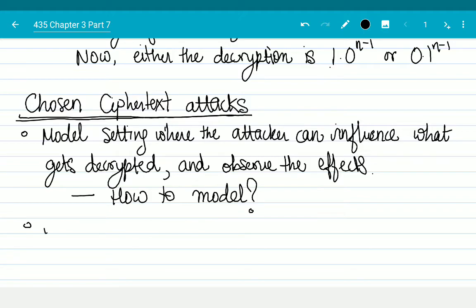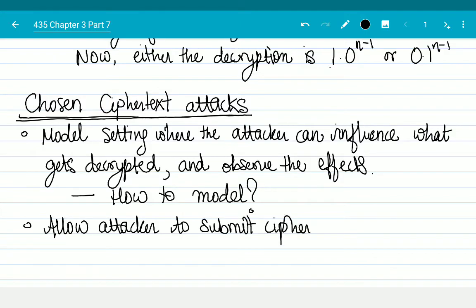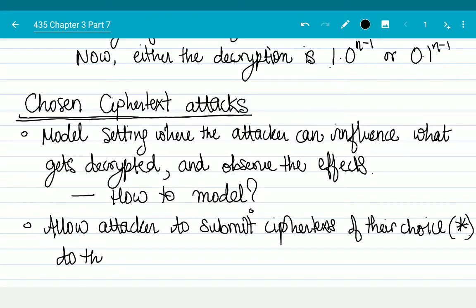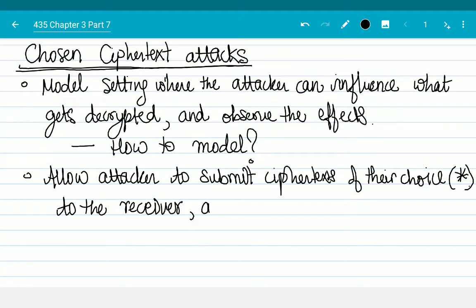So allow the attacker to submit ciphertexts of their choice, let me put a star here, to the receiver, and learn the corresponding plaintext.